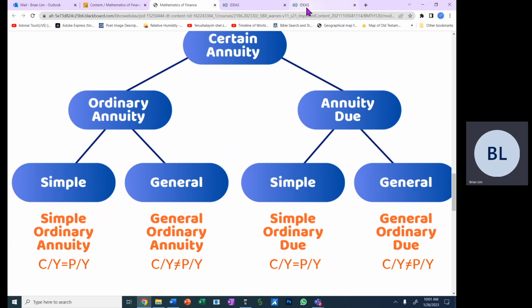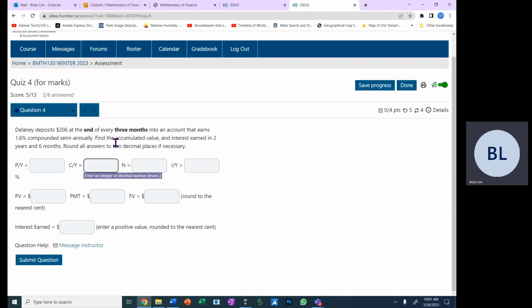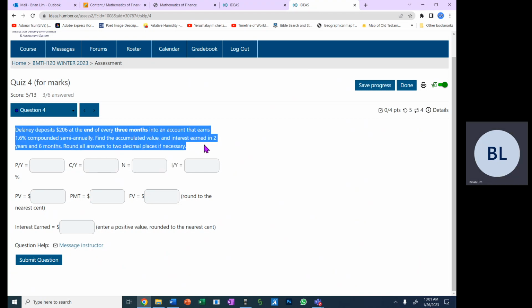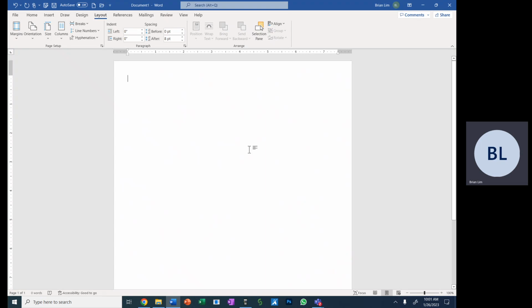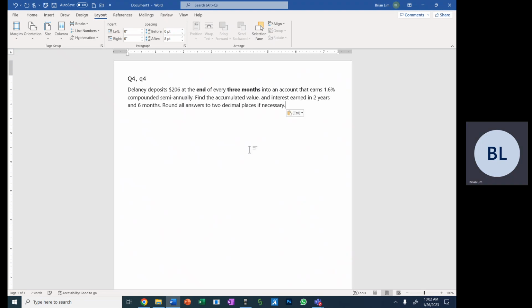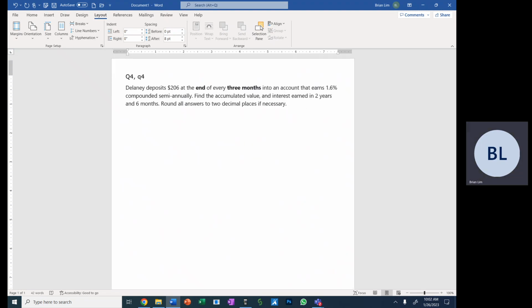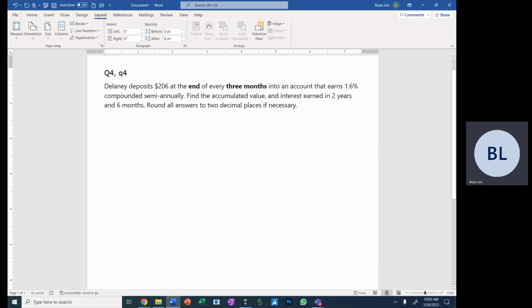All right, so let's go back now and look at this question here. I will copy it and paste it into the Word document so we can maybe see it a little bit clearer and maybe do some more analysis. So if you are following these sequences of questions in the quizzes, you can look at it as this is the one.